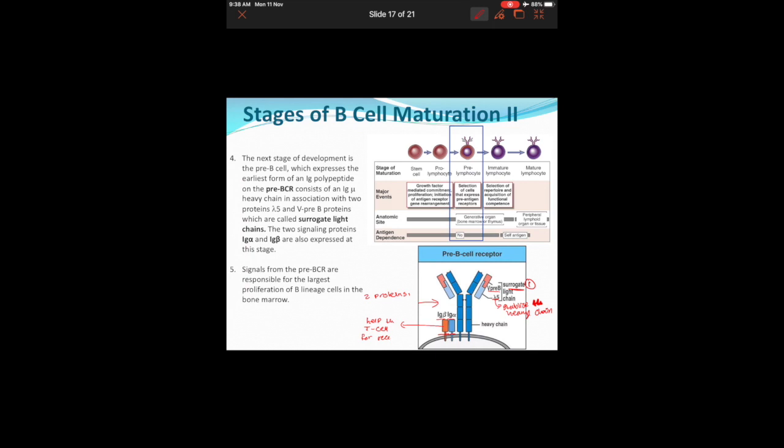In order for chemical signals to be generated, they have to be associated with accessory or what are called co-receptors. In this case, for B cells, it's Ig alpha and Ig beta. For T cells, it's another complex called the CD3 antigen, which I'll talk about later.